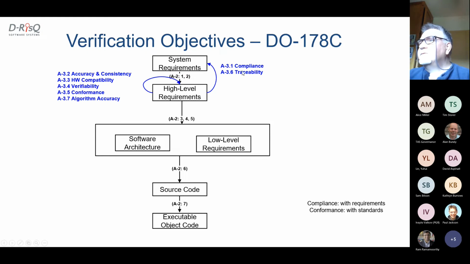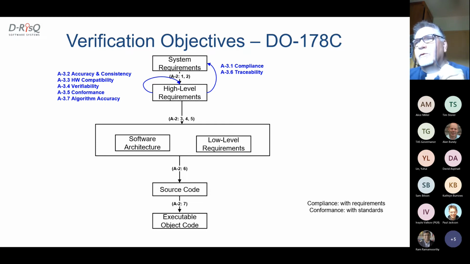So you need compliance and traceability from the high-level software requirements. Those system requirements are allocated to software, and there are aspects in terms of accuracy, consistency, verifiability, conformance, algorithm accuracy. These verification objectives are summarized in a table at the back of DO-178C, but this is not a tick box thing.